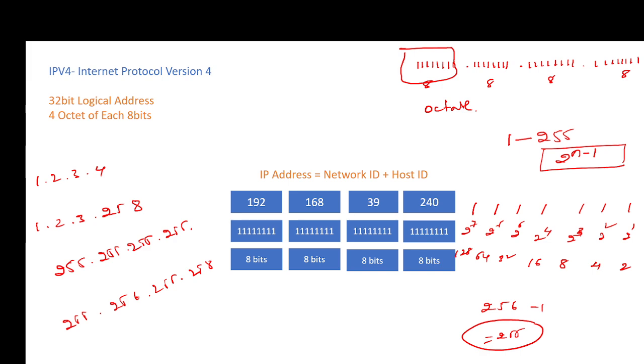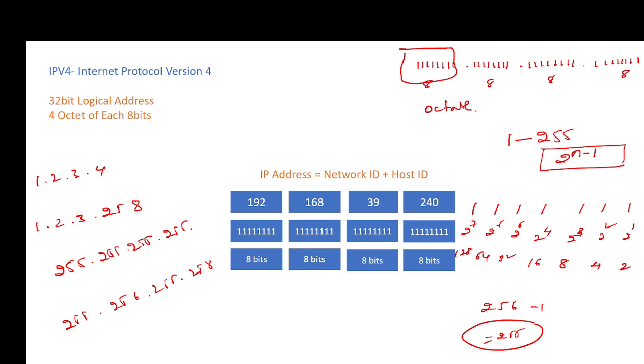I told you IPv4 will have 4 octets, and in all the IP addresses I have written, we have 4 octets. The second condition is that each number should always vary between 1 to 255. The first IP address is matching. The second one is not matching, because the first 3 octets are matching but the fourth octet is more than 255.